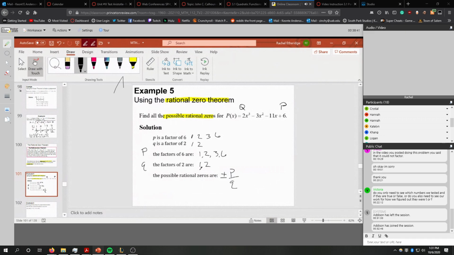So the factors of 2 are 1 and 2. So I've got to do 1 over these 2, 2 over these 2, 3 over these 2, 6 over these 2. So I'm going to do that. So 1 over 1, and all of these are positive or negative. 1 over 2. So that takes care of the first P. Now I've got to do all the 2's over Q. So plus or minus 2 over 1, plus or minus 2 over 2.